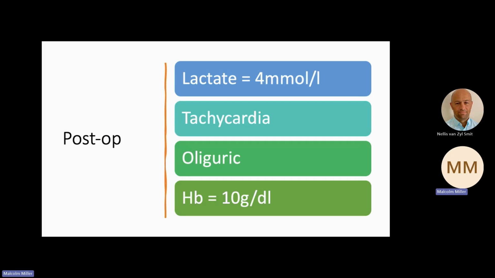And these are just some of the parameters that I thought would be relevant in terms of the patient's immediate assessment on arrival in ICU. So lactate was 4, tachycardic, oliguric, and HB was 10.